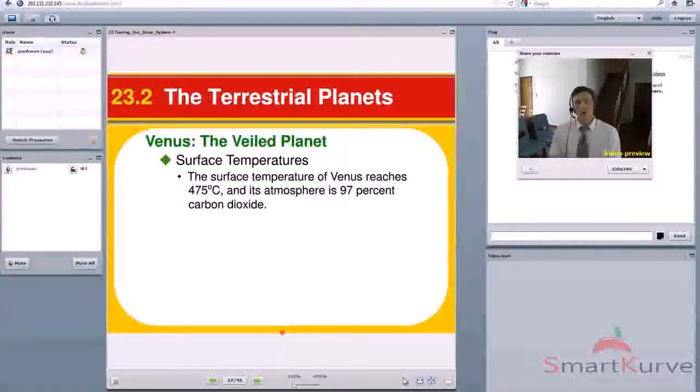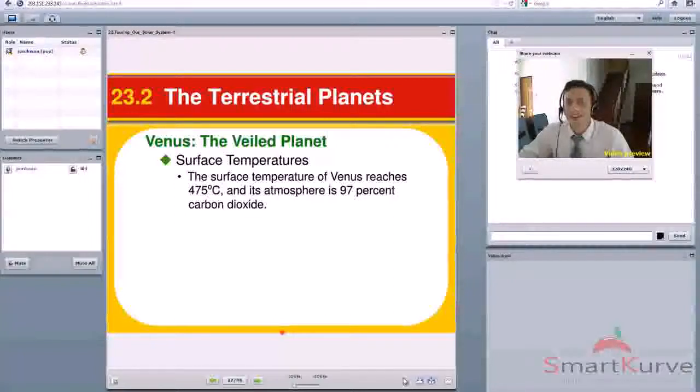So in addition to being very, very hot, it's also very, very dark. So Venus would be like our images of hell, very hot and very dark.